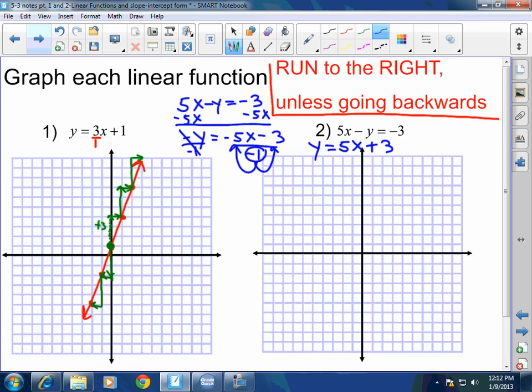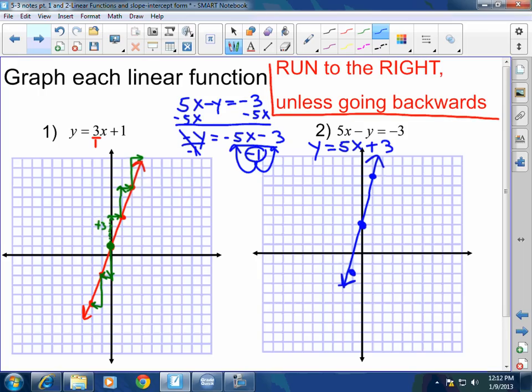So I go 1, 2, 3. What's my slope? So I go up 1, 2, 3, 4, 5. Run 1 to the right. Look at my graph. It's ending. So let's just go backwards now. Down 1, 2, 3, 4, 5. 1 to the left. Remember, you start from your y-intercept, and then when you're going backwards, you go back to your y-intercept, and you go backwards from there.